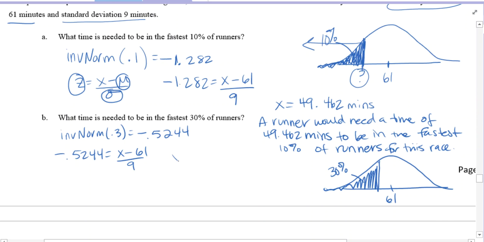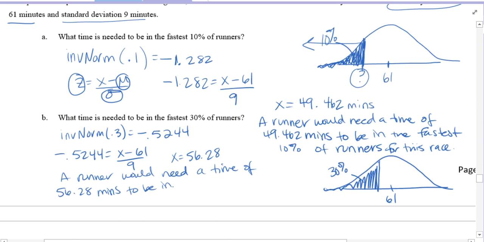So our value is 56.28. Well, that's fine enough. It depends on how many decimal places you use for your z-score. Okay, so a runner would need a time of 56.28 minutes to be in the fastest 30% of runners.